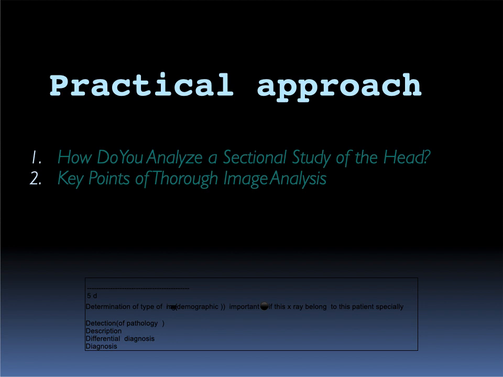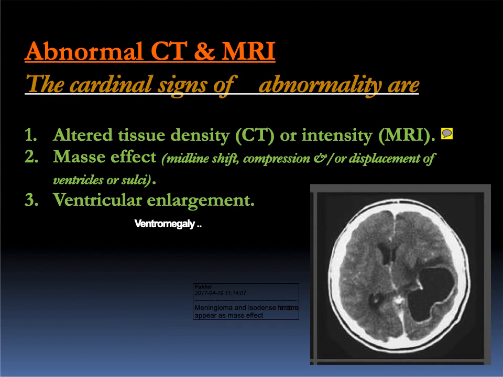So we give a differential diagnosis and the most likely diagnosis. The cardinal signs of abnormalities in abdominal CT and MRI are, first, altered tissue density or intensity on MRI, then mass effect and ventricular enlargement.